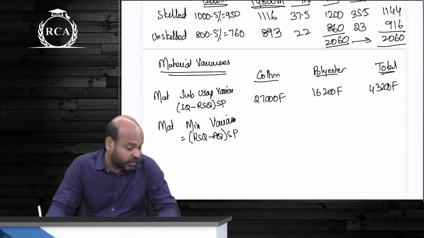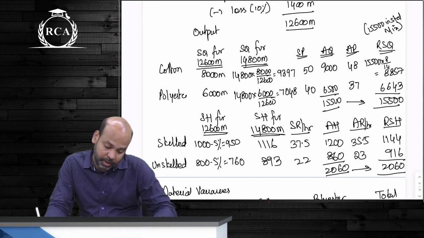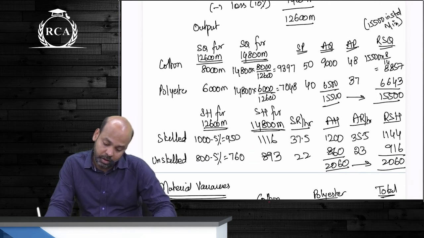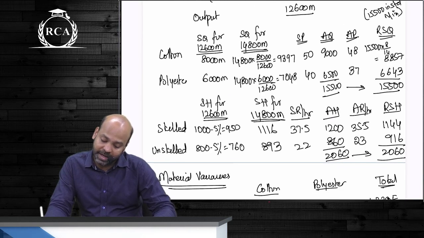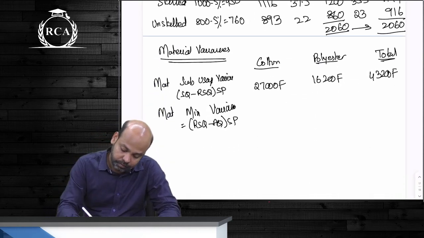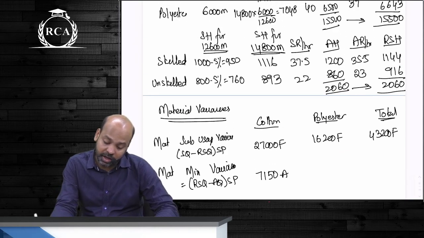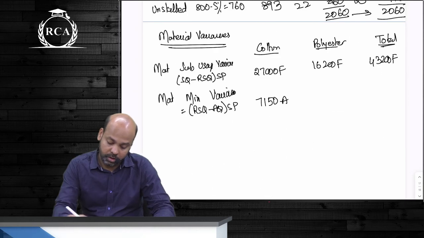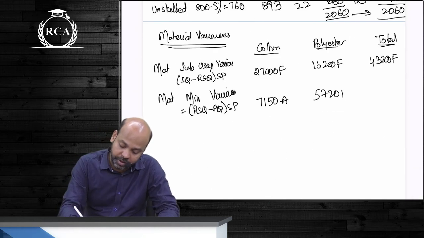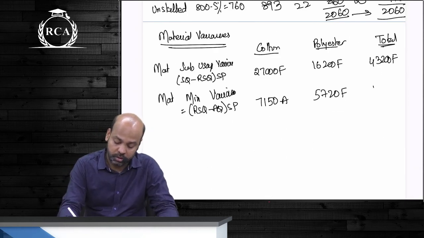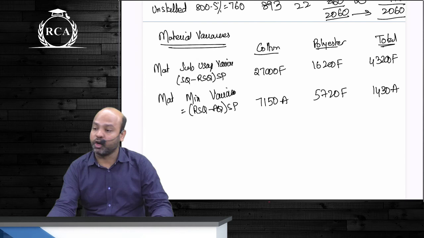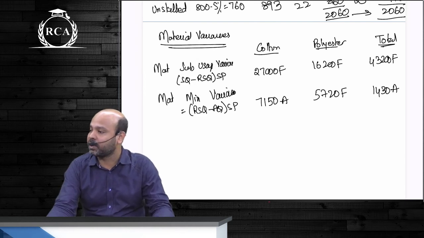So for the first one, it is adverse: 8857 minus 9000 into 50, 7150 adverse. For the second one, beta, it is favorable: 5720 favorable. Put together 1430 adverse. This is the first bit, guys. We got material mix variance, we got material yield variance.